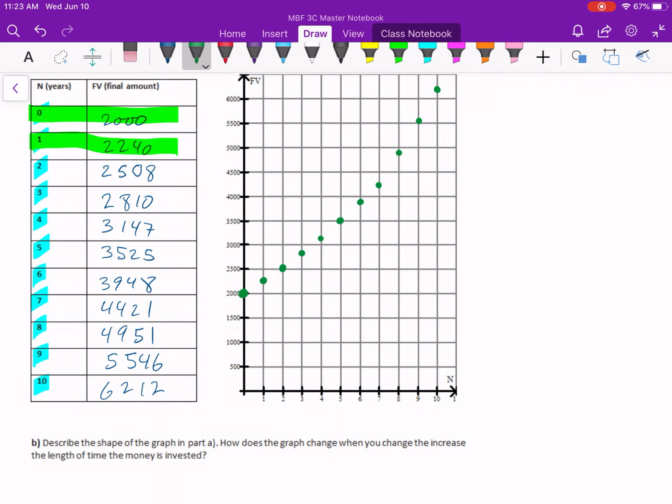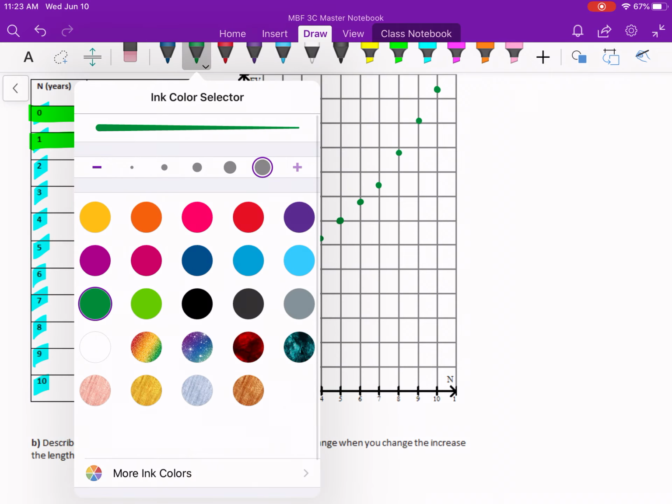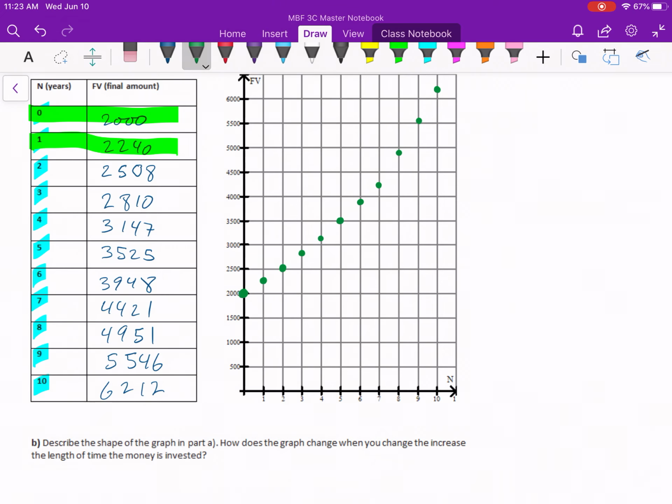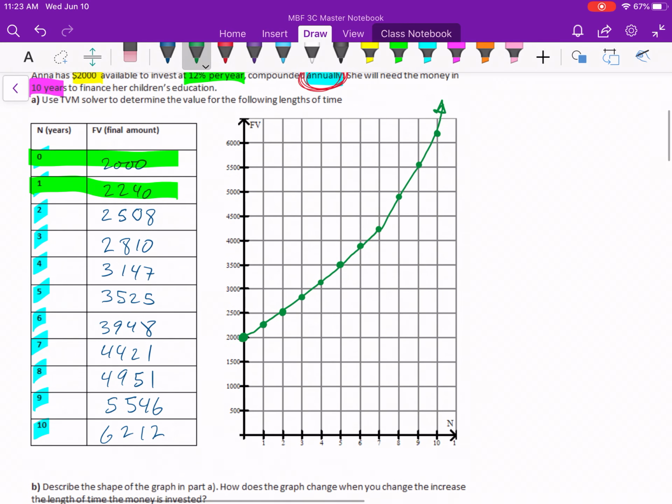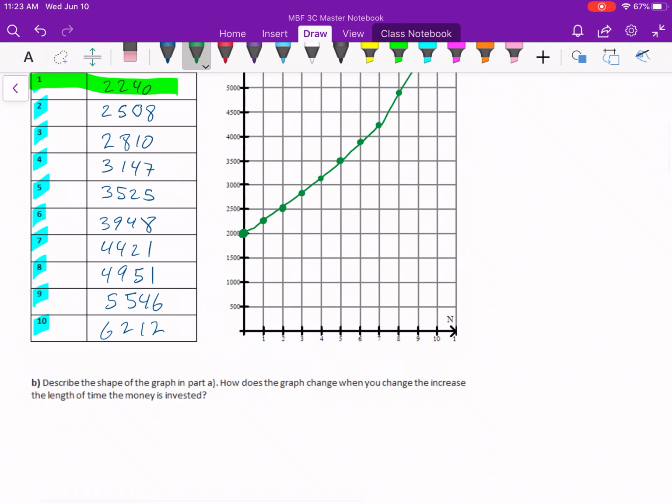Looks approximately right. I'm going to connect the dots with the smoothest curve that I can. Okay, not beautiful, but you get the idea. So it's definitely not a straight line. It is curving upwards.